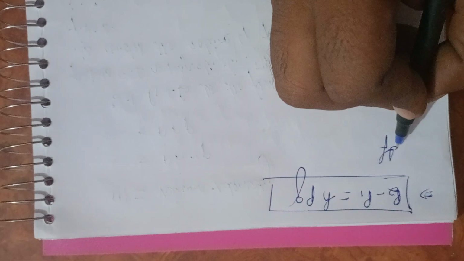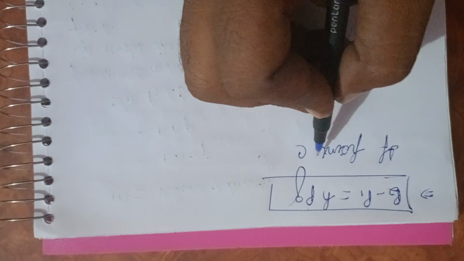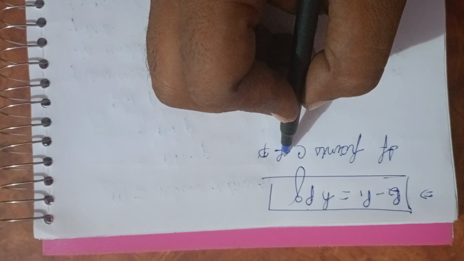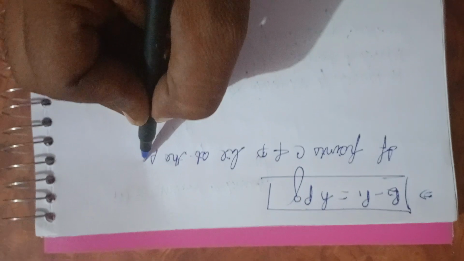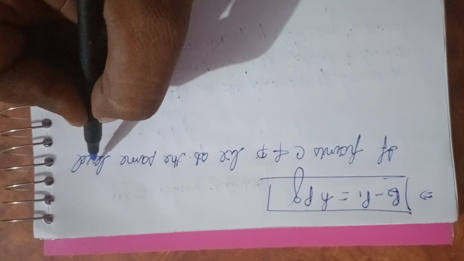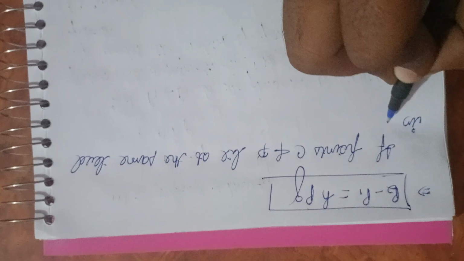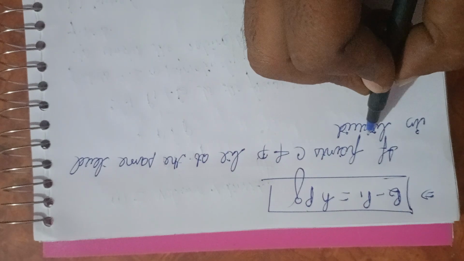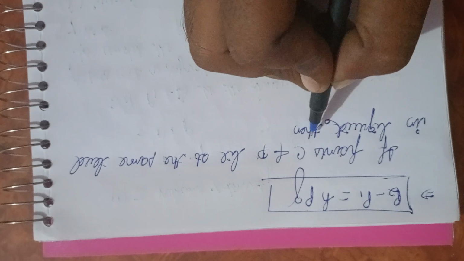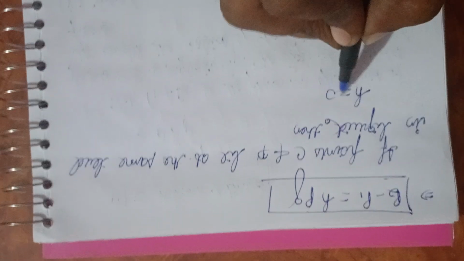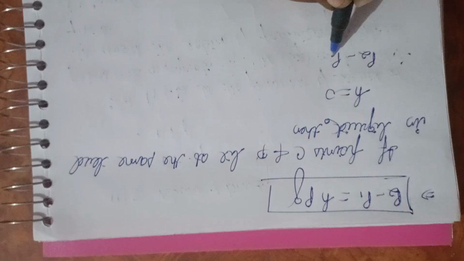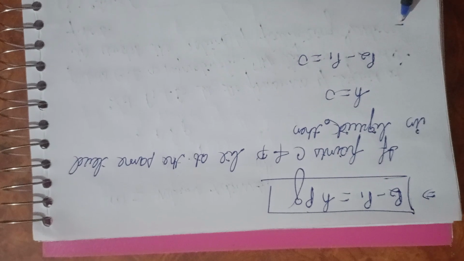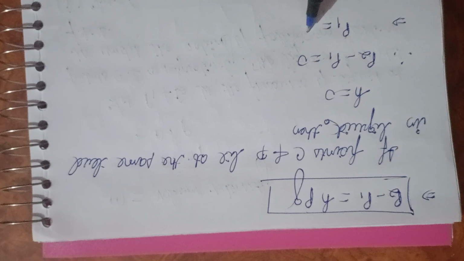If point C and D lie at the same level in liquid, then H is equal to 0, therefore P2 minus P1 is equal to 0, therefore P1 is equal to P2.